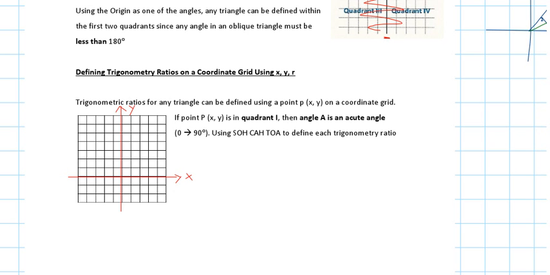Let's use 3 and 4. Okay, so let's use point 3, comma 4. Instead of using x and y, I'm going to use points because then it's clear for you how that works. If I look at point 3, 4, this is where 3 is. 1, 2, 3, 4. This is where 4 is. So my point is right here.